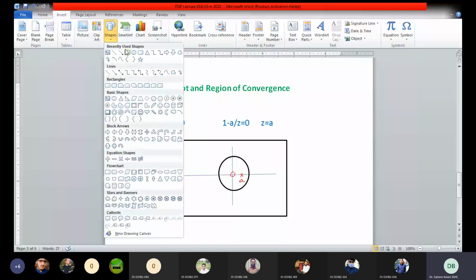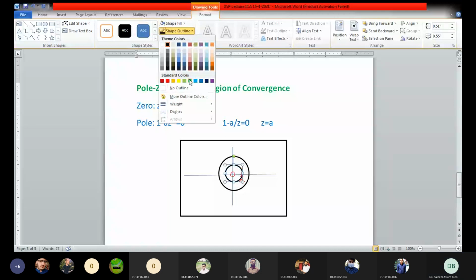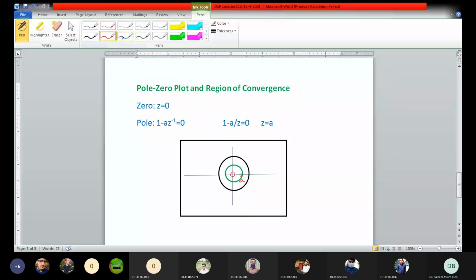So we have a pole at A, so our circle will look like this. Let me change its color to green, like this. We have a pole at A and we assume that A is less than 1.